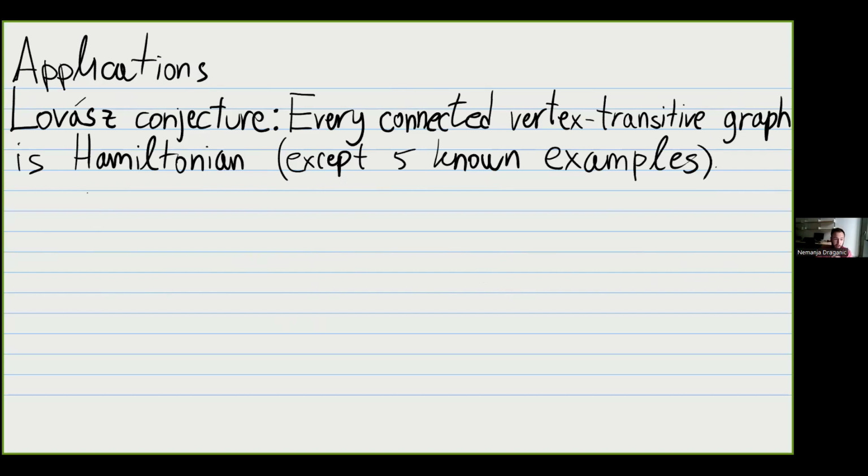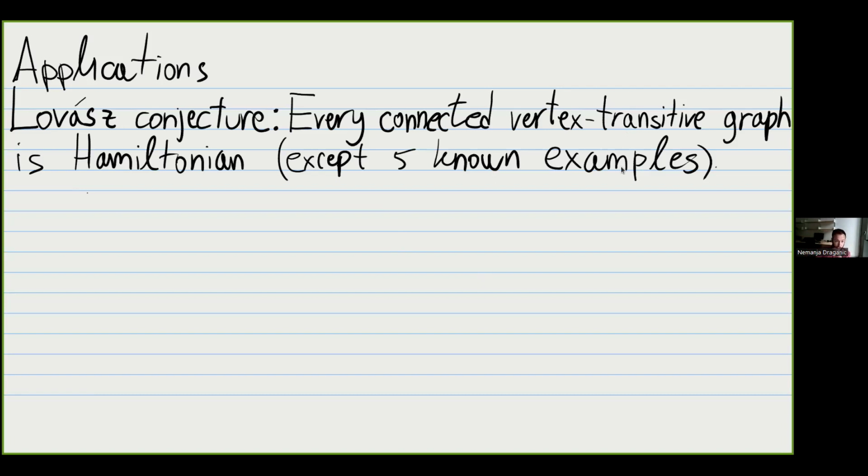For the next application, first I'll state the Lovász conjecture, which is another conjecture about Hamiltonicity and is still widely open, which says that every connected vertex transitive graph is Hamiltonian except some small few examples. What vertex transitive means is just that for every pair of vertices, you have an automorphism of the graph which sends the first one to the second.